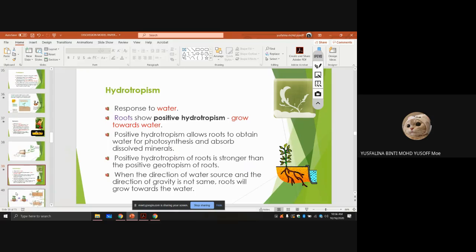Okay, next one is hydrotropism. Hydro is water, so it's a response to water. Usually roots show positive hydrotropism, meaning they grow towards water.